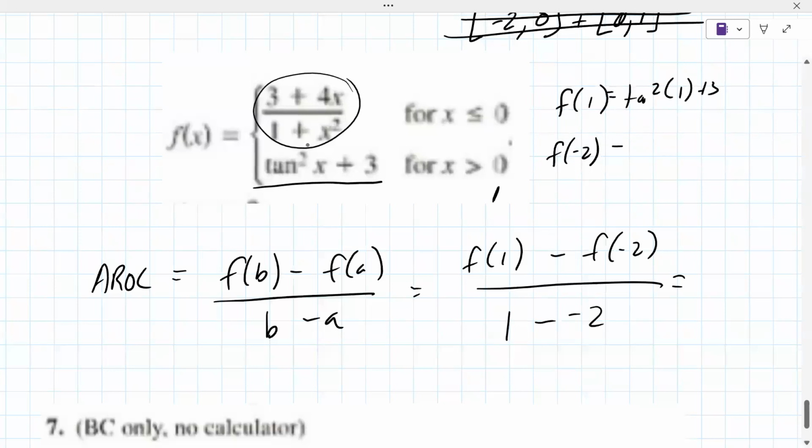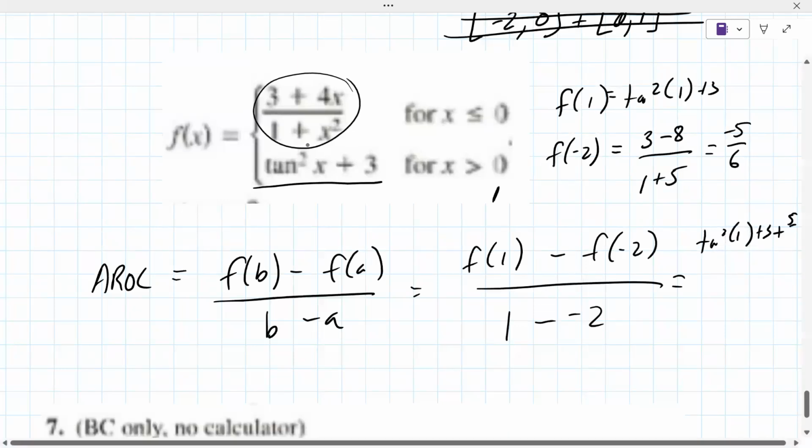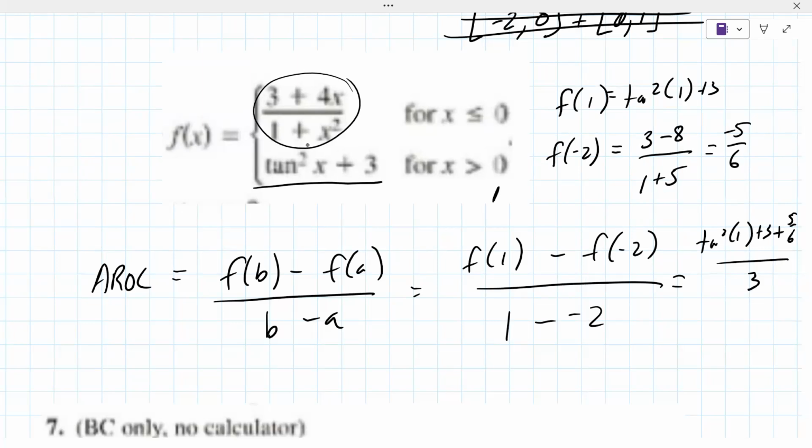F of -2 is 3 minus 8 over 1 plus 5, which is -5 over 6. So it's tangent squared of 1 plus 3 plus 5 over 6, over 3. And I believe you can leave it unsimplified like that on the AP.